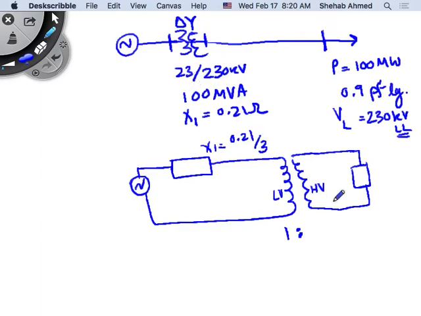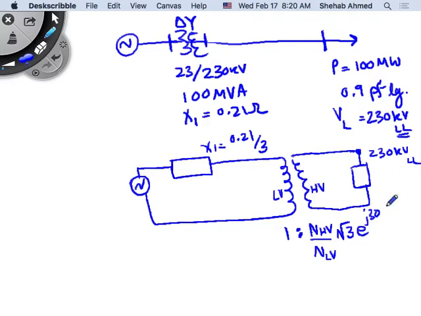So number of turns on the high voltage side, let's see if we solve for that later, over number of turns on the low voltage side, square root of 3 e to the j30. And here they tell you this is 230 kilovolts line to line, and they give you the power factor and then they give you the power.